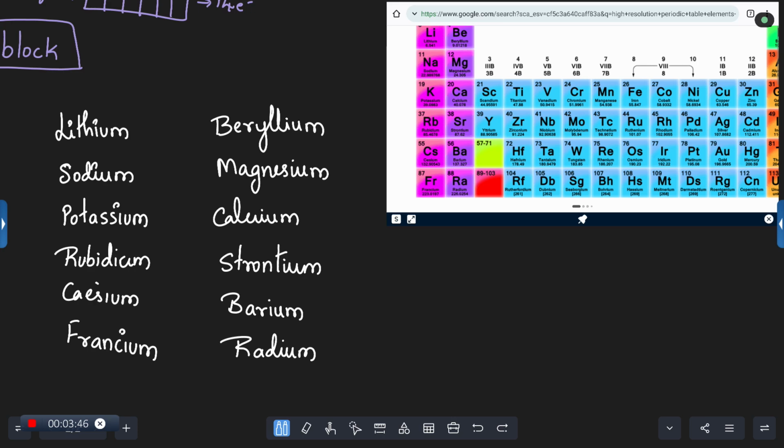Write down the heading S block and look at this. How are you going to write in your notes? In your notes, at the center you're going to write this, not at the side. At the center you're going to write the 2 groups of elements, because you need to write something on the sides. If this is your page, at the center you'll write the 2 groups' elements.